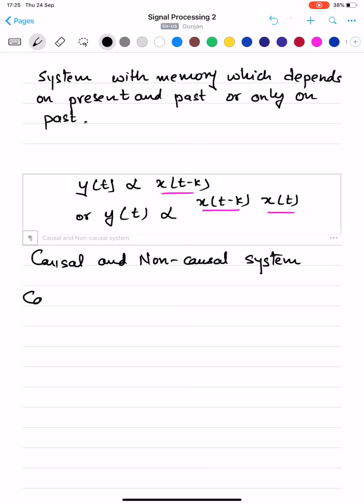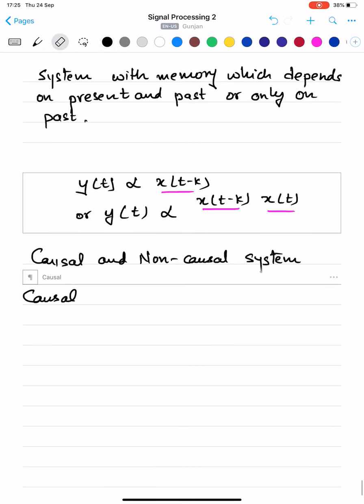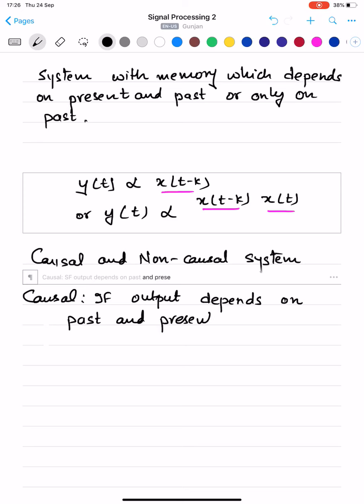The causal system is one where the output depends on the past and or present state of input x(t).